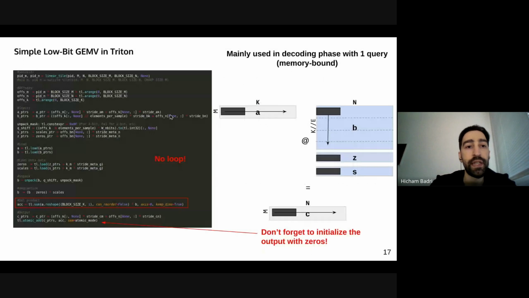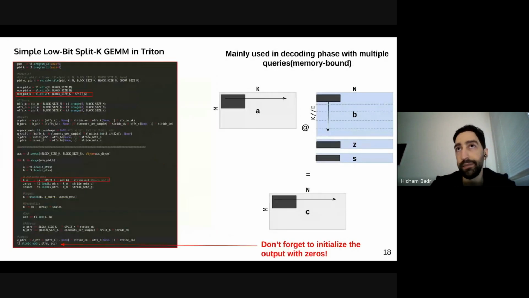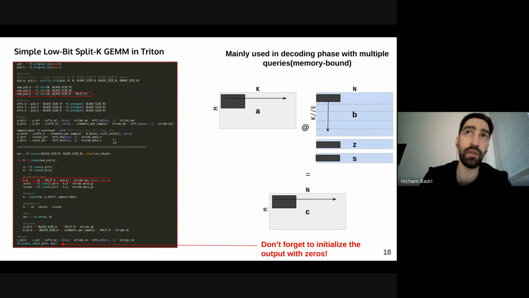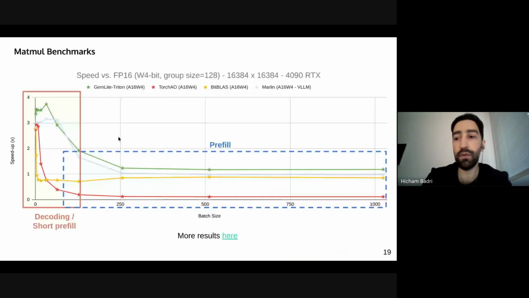But for decoding, we are going to check: if our batch size is 1, we are going to use the GMV. If our batch size is between 2 and 64, we are going to use a split K GMM. So that's how I personally do it, and it's the best configuration I found across different models and different GPUs.